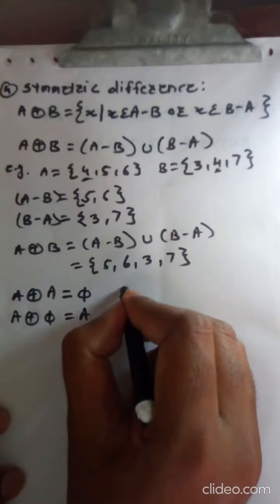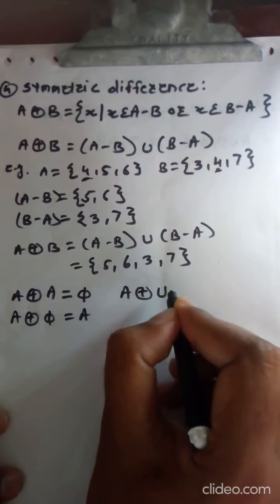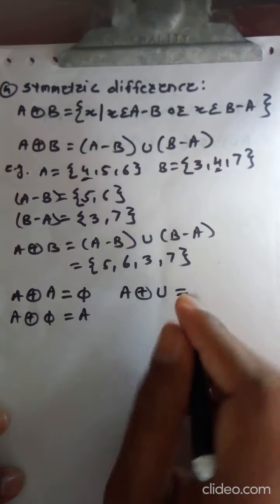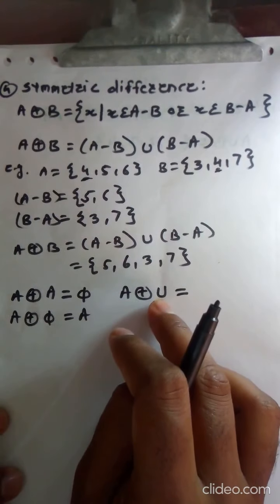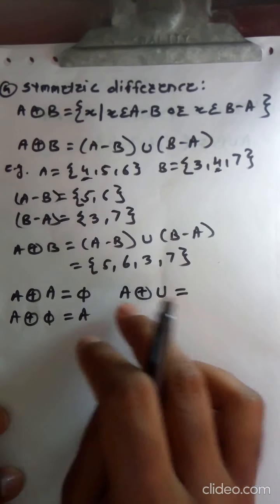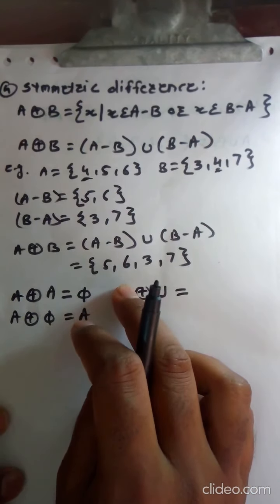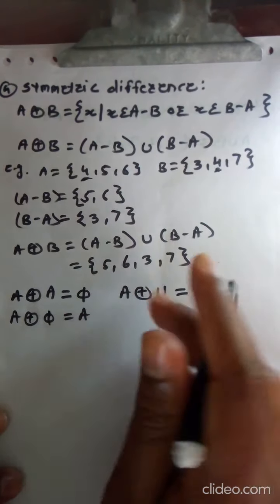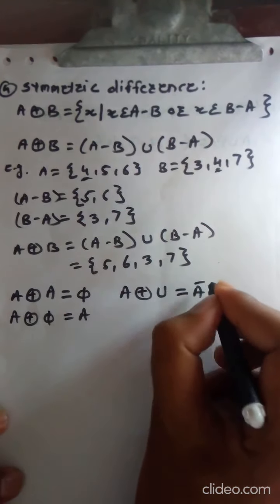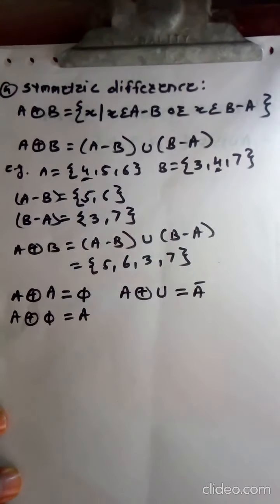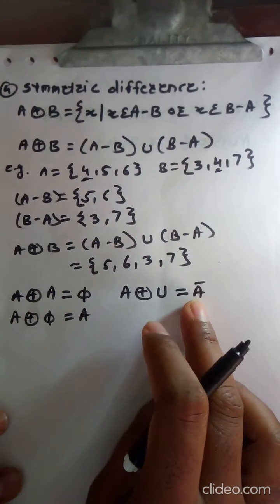Again, A symmetric difference the universal set: the common element is A, so remove A, then the output is A complement, right?